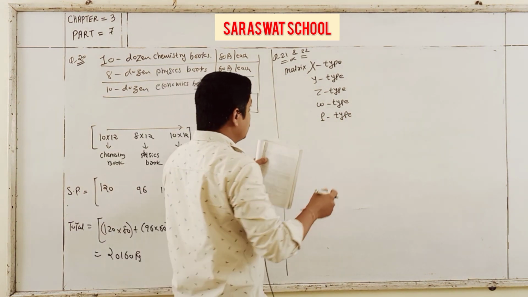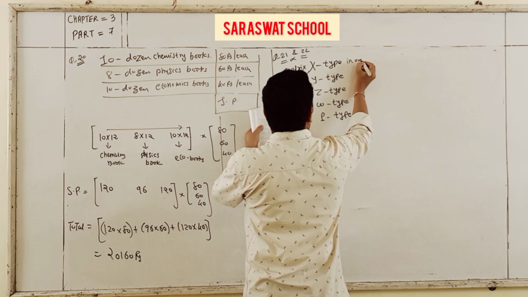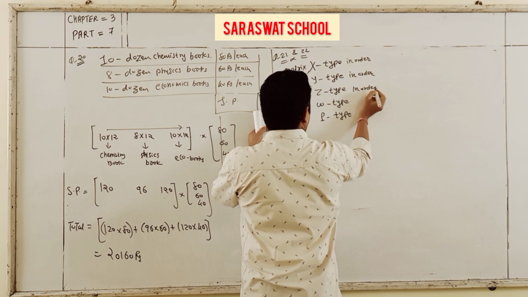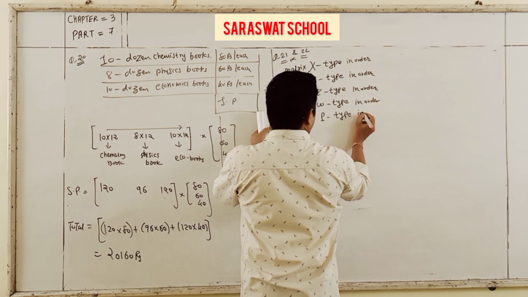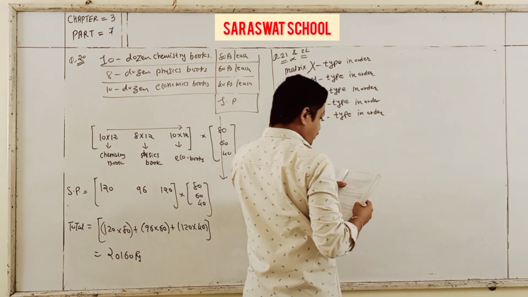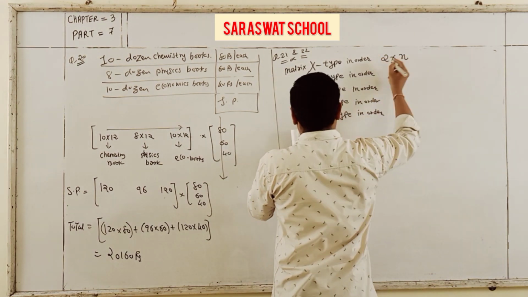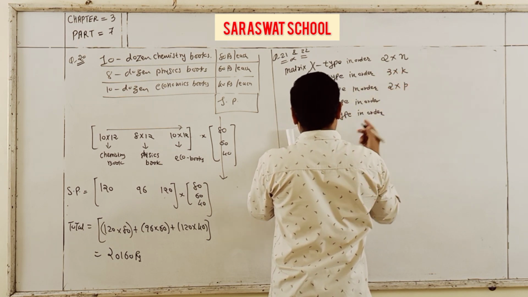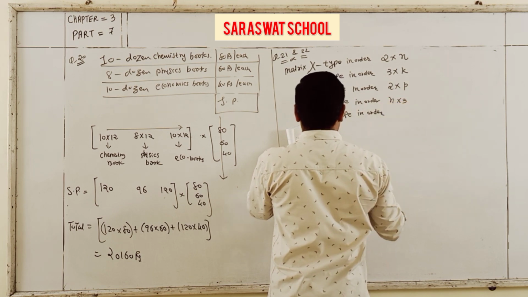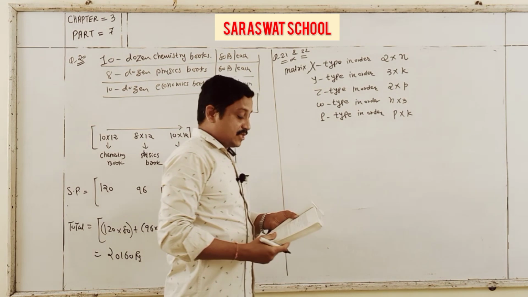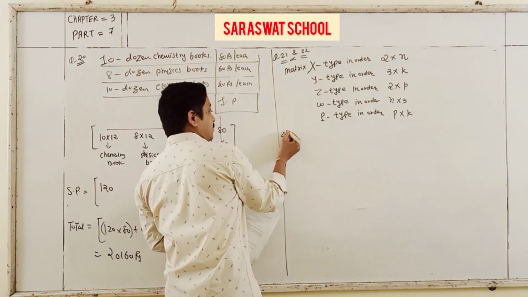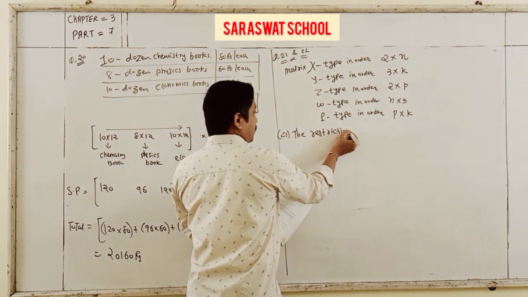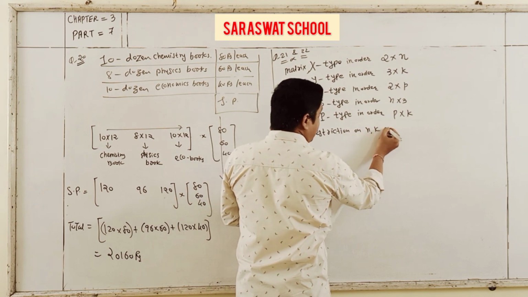Given X type in order respectively, first order given that 2 cross N, 3 cross K, 2 cross P, N cross 3 and P cross K. Now 21 sum: what are the restrictions on N, K and P?